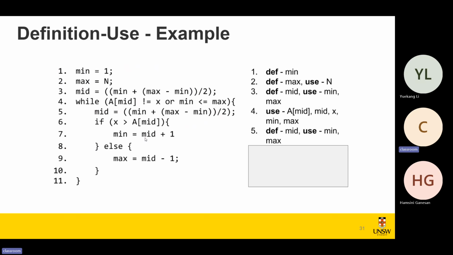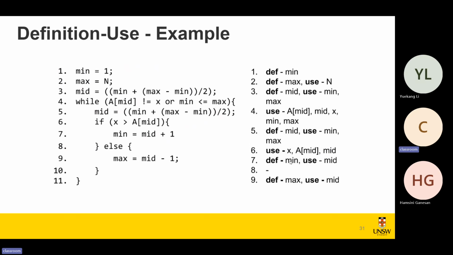And what about line 7? Are we defining anything? Yes, we are defining mean here, and similarly for line 9. So for line 7 and line 9, we are also defining values for min and max. This is like redefining the values.